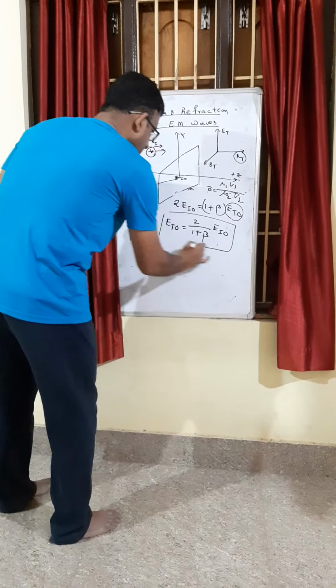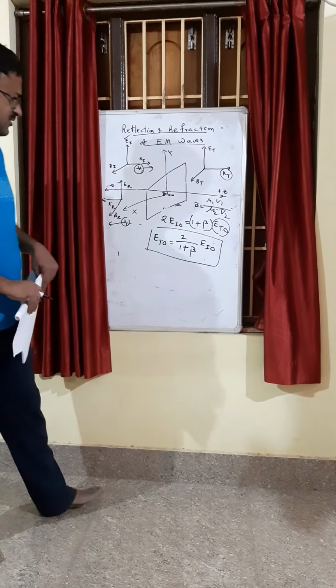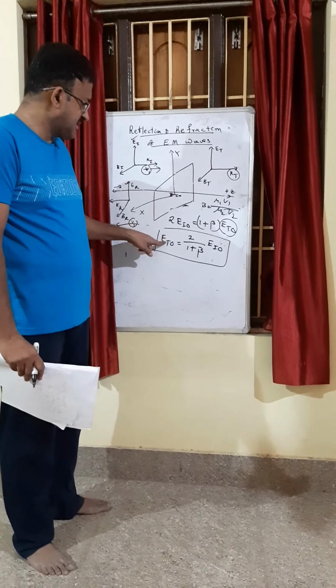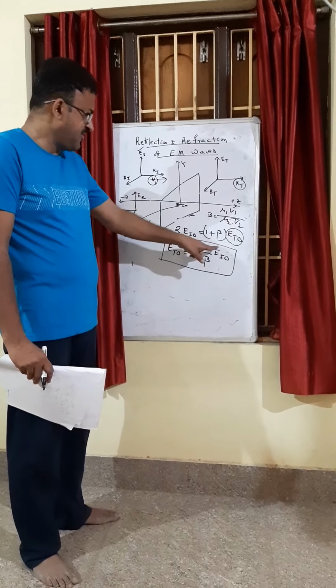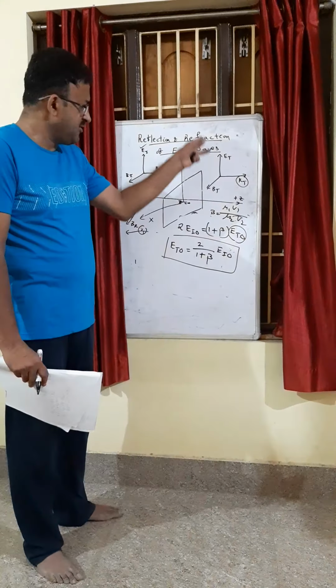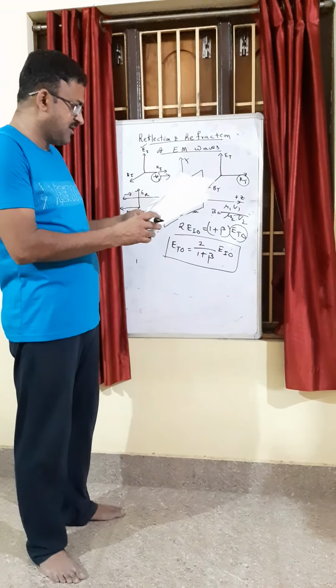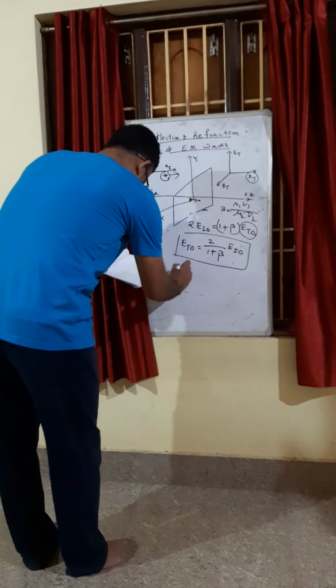This is the equation. That means this gives you an idea about the amplitude of the electric field in the transmitted part in terms of the amplitude of the electric field in the incident part. In the similar way, you can solve the other part of the equations to get the reflected part.